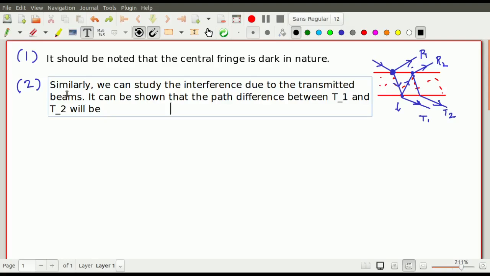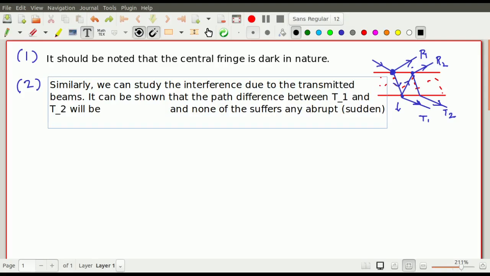Between T1 and T2 it will be 2 mu t cos r, and none of them suffers any abrupt or sudden phase change, as there is no reflection from the denser medium. So there is no such situation when the light travels from rarer to the denser medium and is reflected.